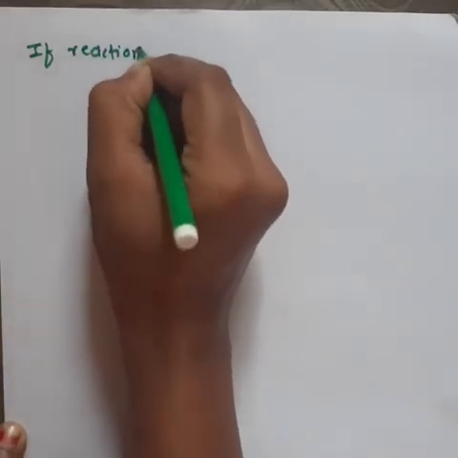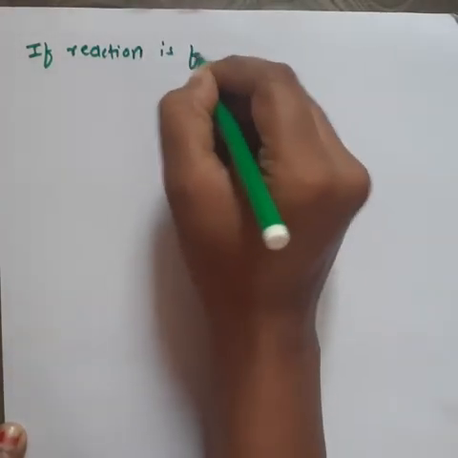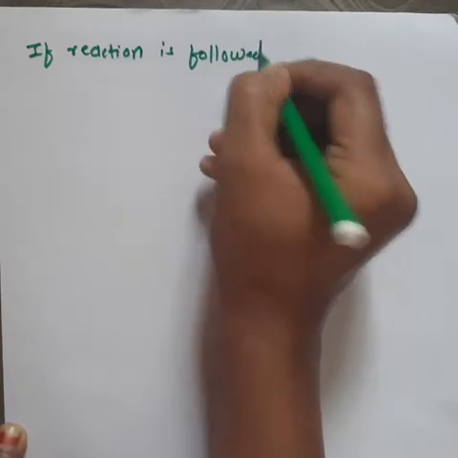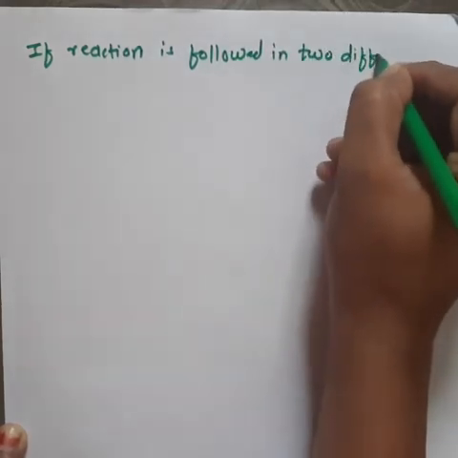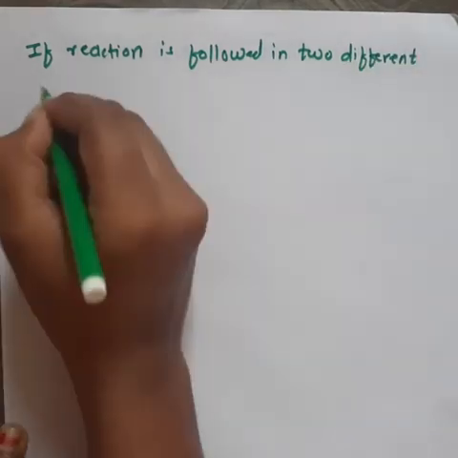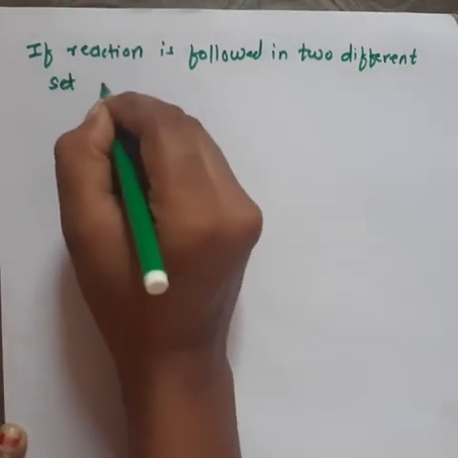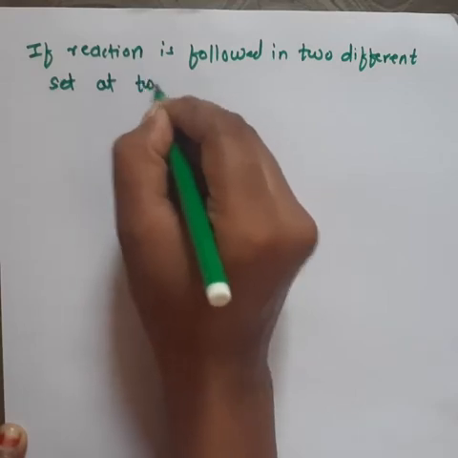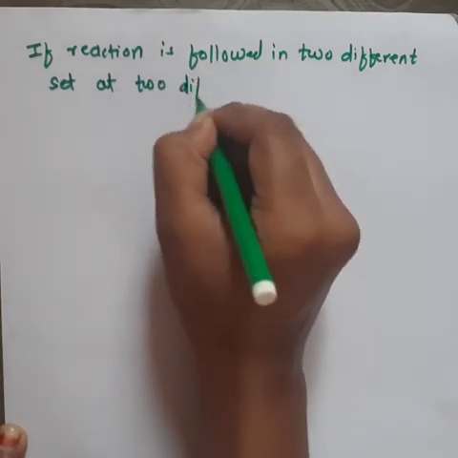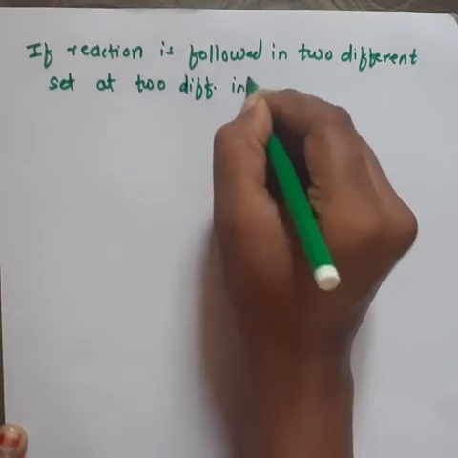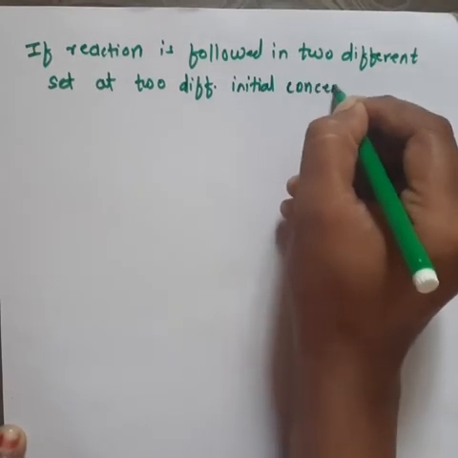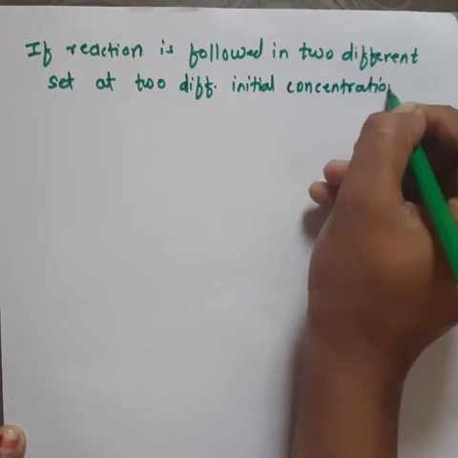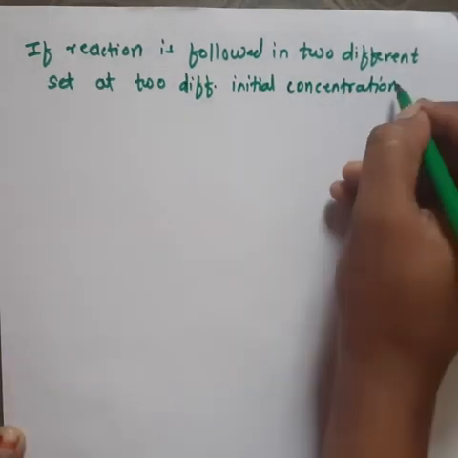If the reaction is followed in two different sets at two different initial concentrations, we can write the equation of half-life as follows.